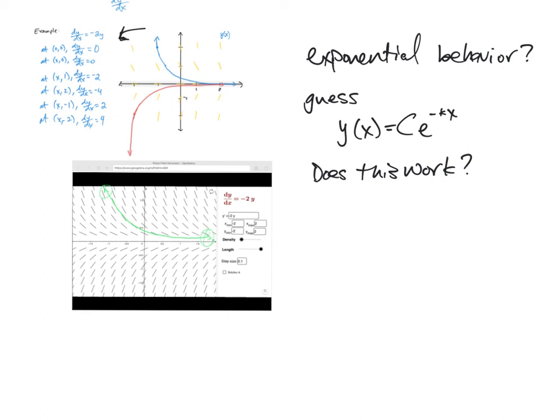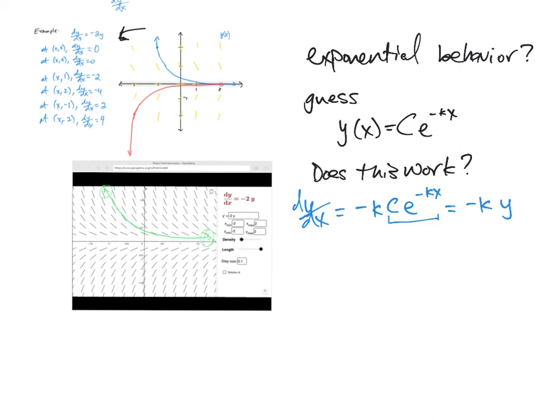So let's give it a try. Let's look at what dy/dx would equal. It would be negative kc e to the negative kx, which equals, since we've already got y of x here, negative k times y.